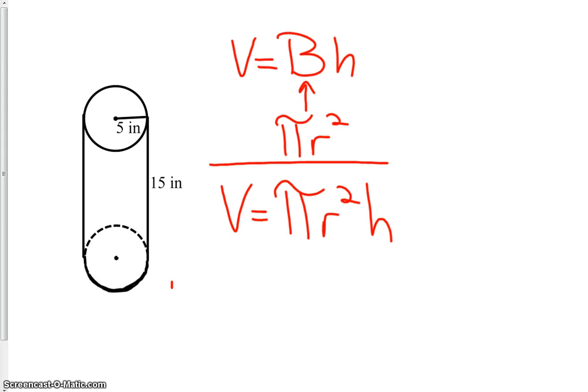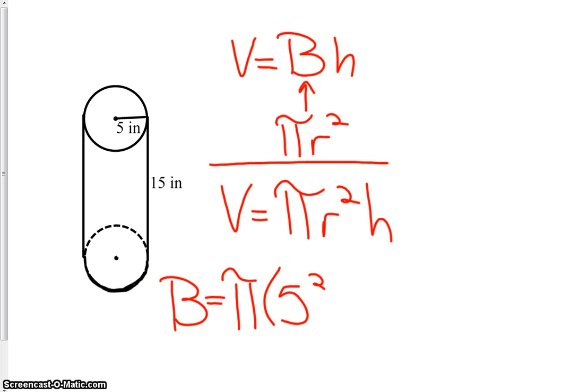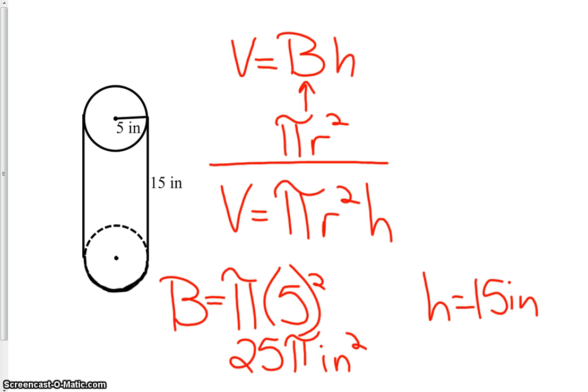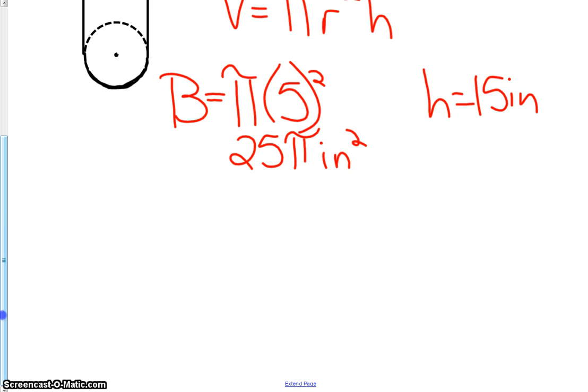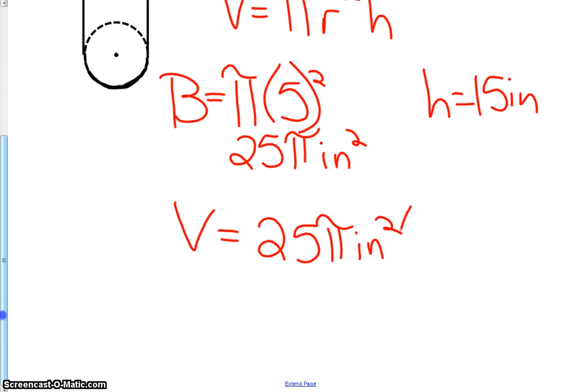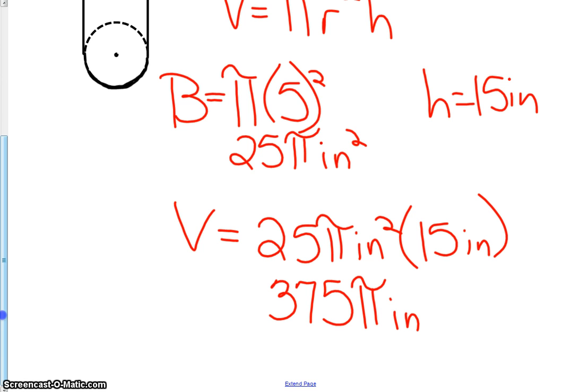On this cylinder, our base has a radius of 5, so it's pi times 5 squared, or 25 pi, and these were inches, so it's 25 pi inches squared. The height is 15 inches. So when we calculate, our volume is going to be 25 pi inches squared times 15 inches, or I believe that should be 375 pi inches cubed.